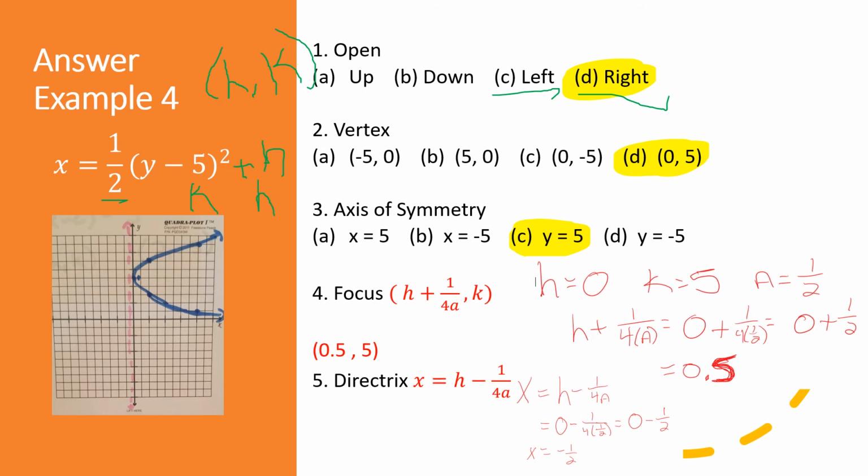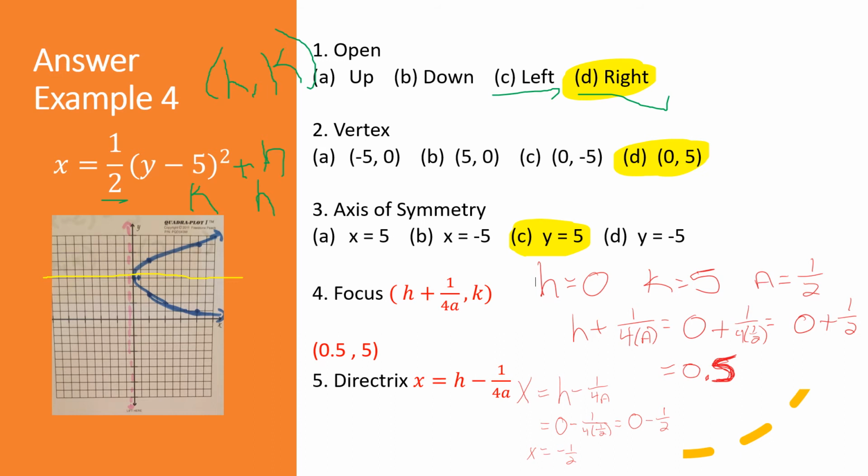The axis of symmetry, you don't have to necessarily graph it, but I'll put it on the graph if you want to see it. This is our axis of symmetry. That line is actually almost straight. And here's our formula again for the focus and the directrix. Any questions on that?